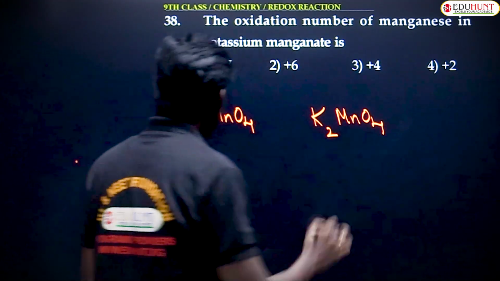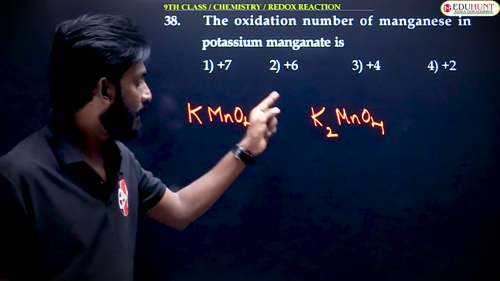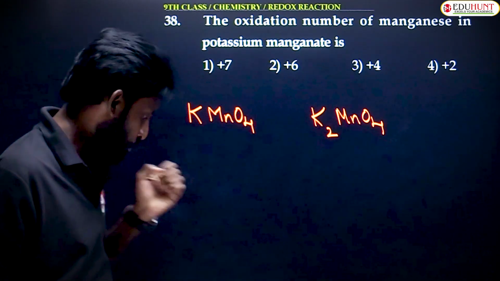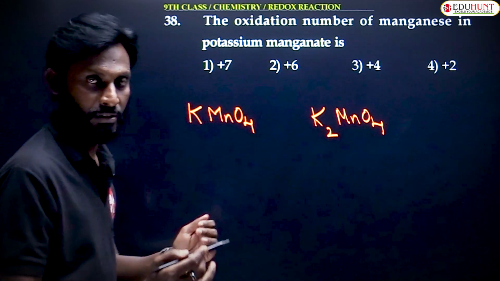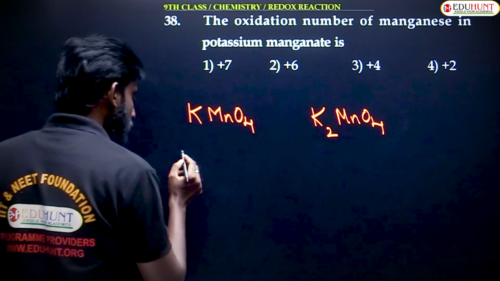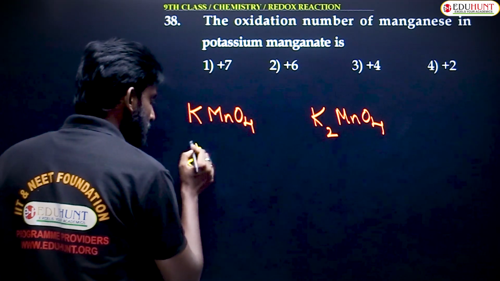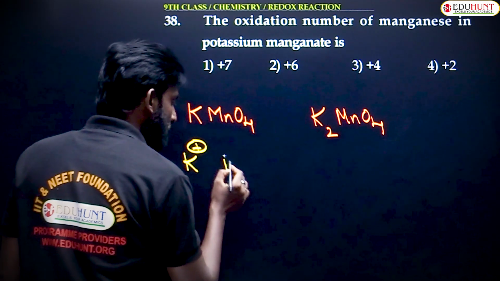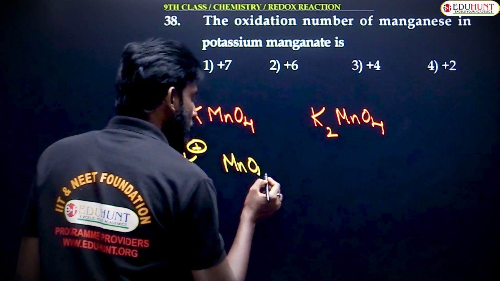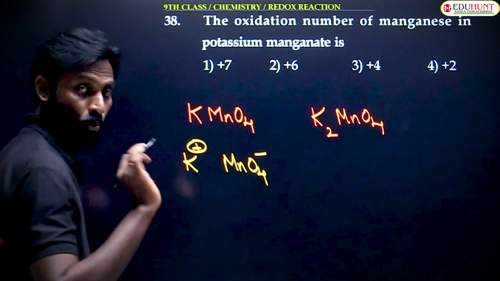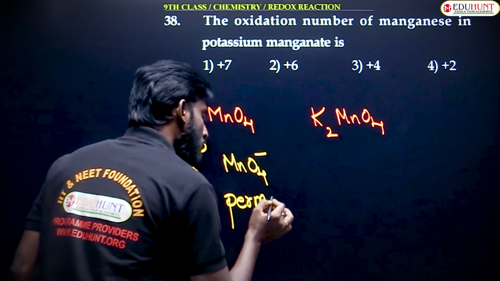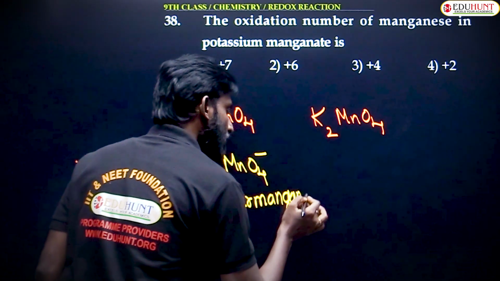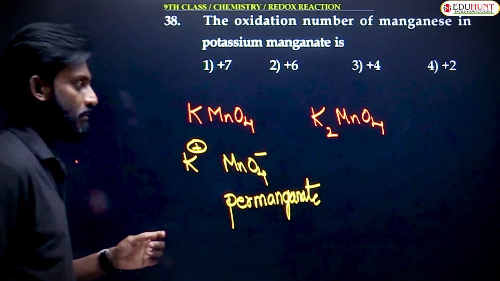K2MnO4. You know very well, potassium will always be in +1 state. So, for better understanding, I am removing this as K plus, and the remaining part will be MnO4 negative. You know very well this is called permanganate anion.